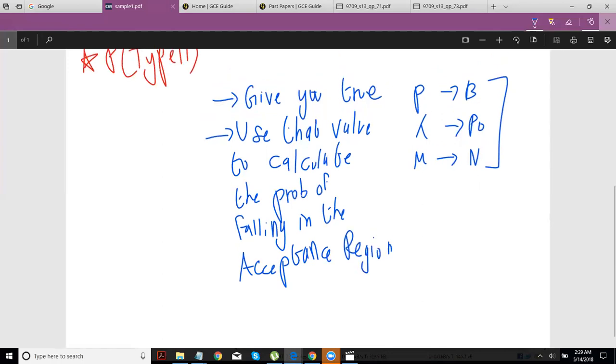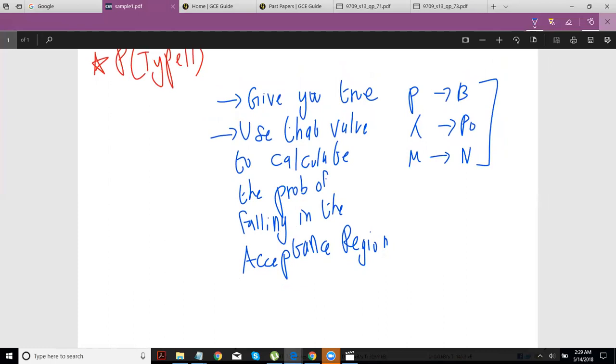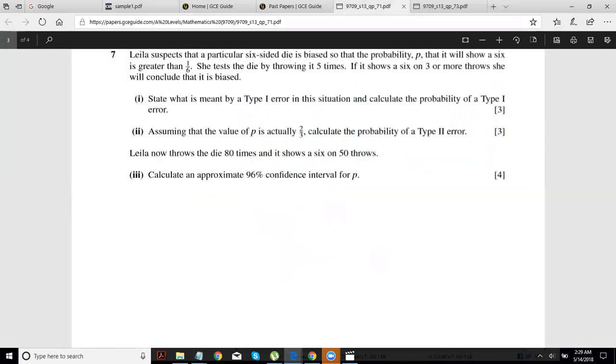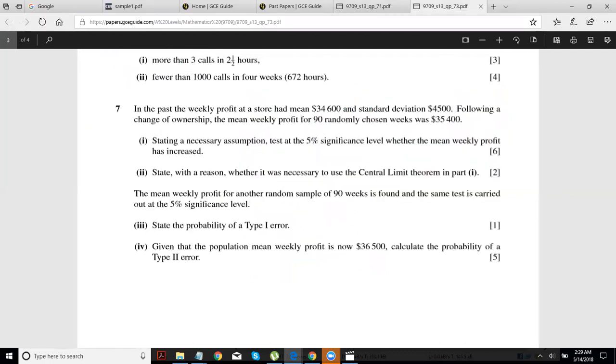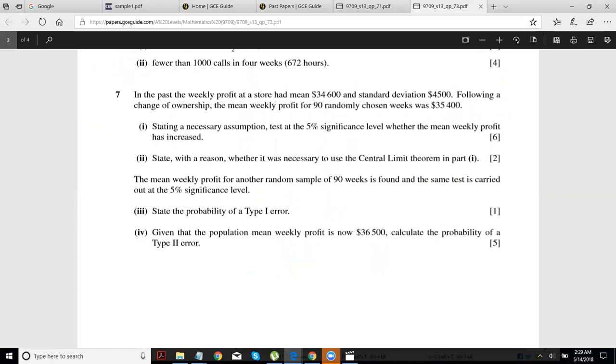So you use the new value and you then try to figure out how you can fall in the acceptance region of your original test. It might sound a little confusing when you say it like that, but hopefully I can explain it through these two questions and then it'll be clear. So let's look at this.